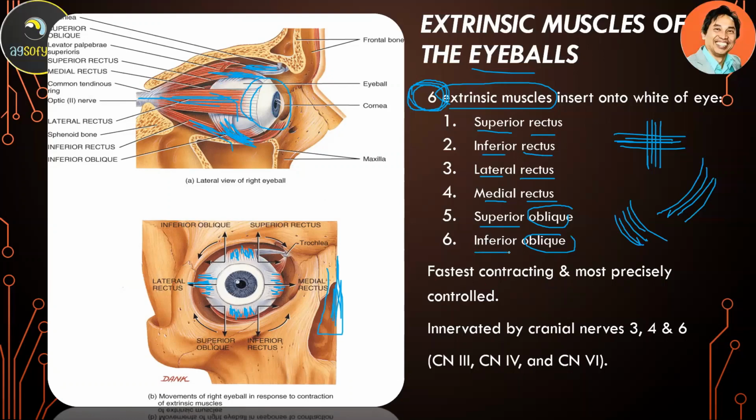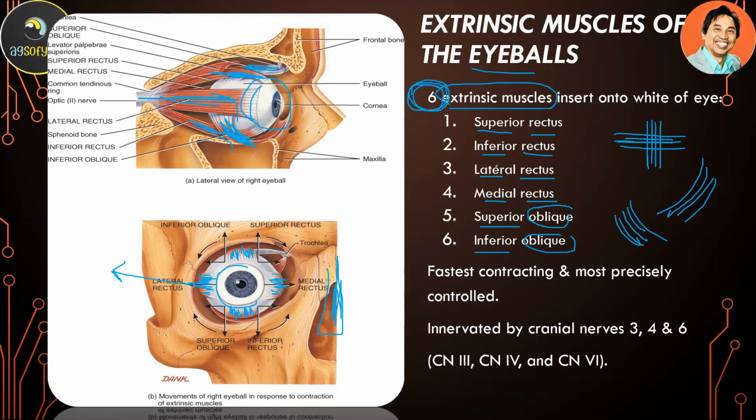Superior and inferior oblique. So how will these muscles move the eyeball? Let's say, for example, if you want to move your eyeball, this is going to be the right eye, to the right, then what happens? The lateral rectus should be contracted, and the medial rectus will be relaxed.